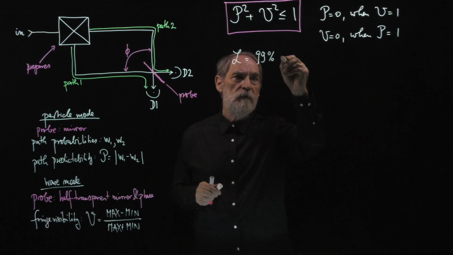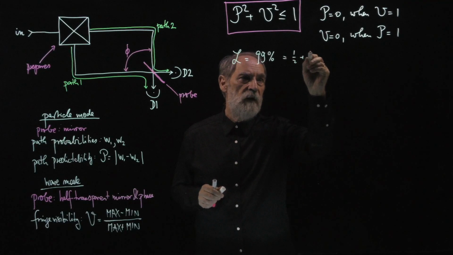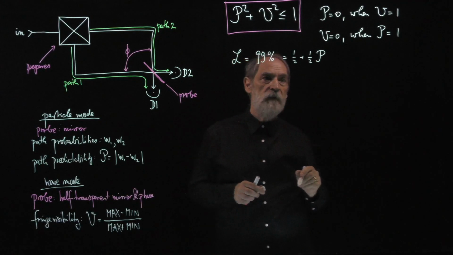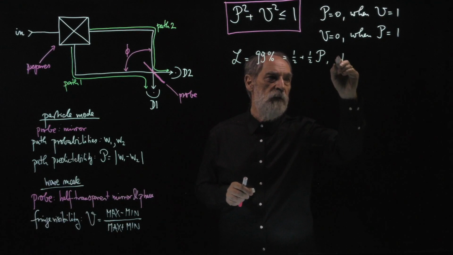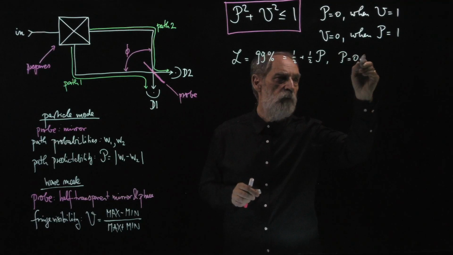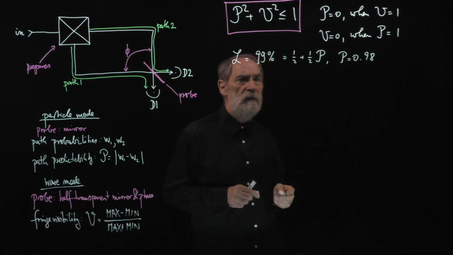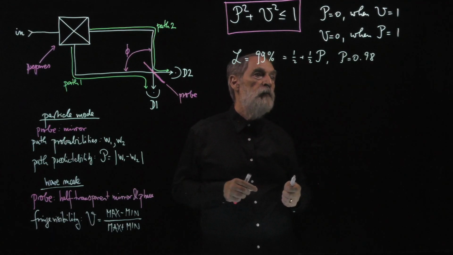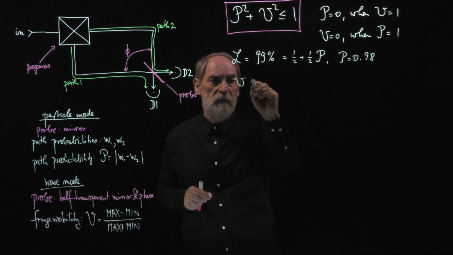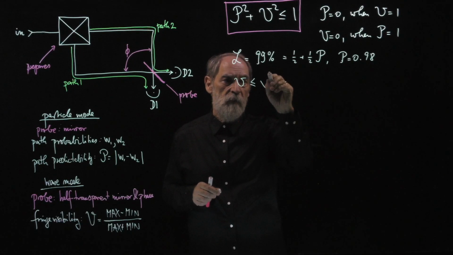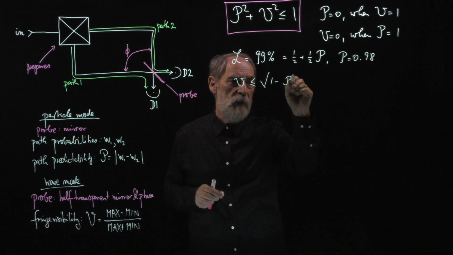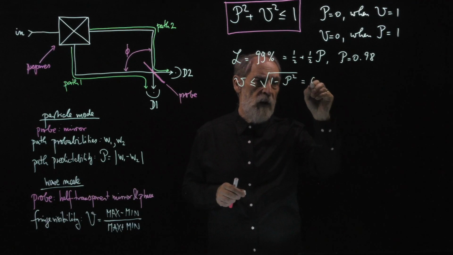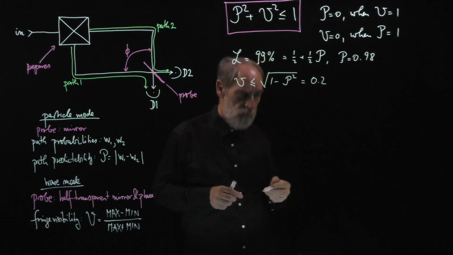Now the likelihood, remember, is half plus half times the predictability for the optimal strategy of guessing, and so the predictability is 0.98 in this case. So how much visibility is possible? The visibility is then bounded from above by the square root of 1 − P², and that is about 0.2 if you put in these numbers.